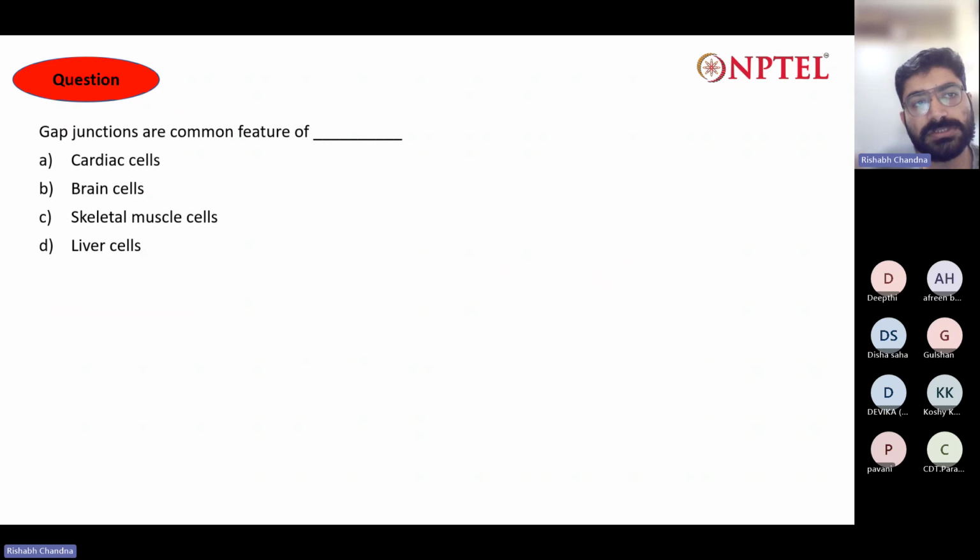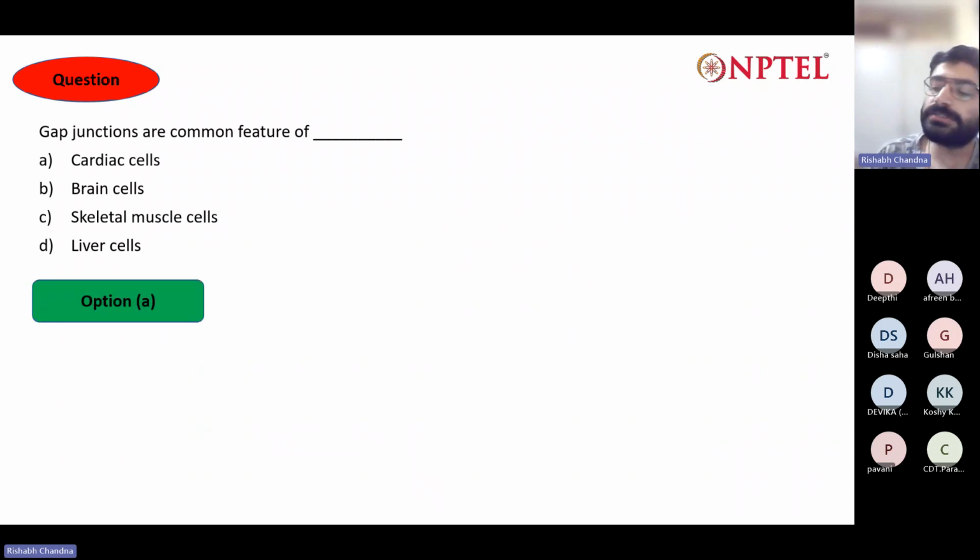The next question is, gap junctions are a common feature of which kind of cells? Is it cardiac cells, brain cells, skeletal muscle cells, or liver cells? Cardiac cells, option A. Yes, it's the cardiac cells. This we have discussed in the last lecture also.